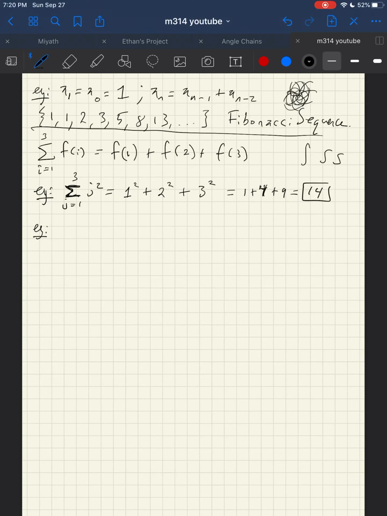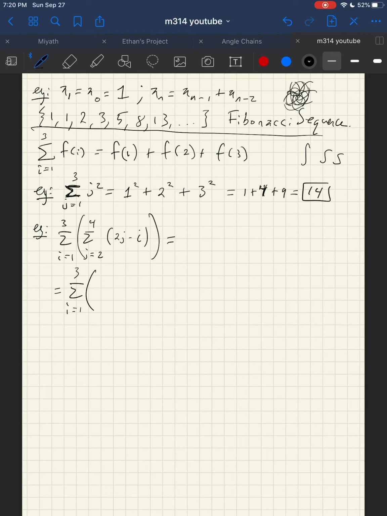finish with. So if I have the sum as i goes from 1 to 3 of the sum as j goes from, let's say, 2 to 4 of 2j minus i, then I can just evaluate this inner sum first. So this is going to be the outer sum as i goes from 1 to 3 of what?